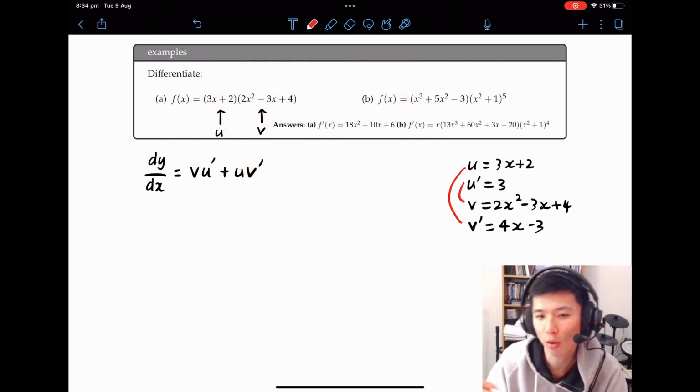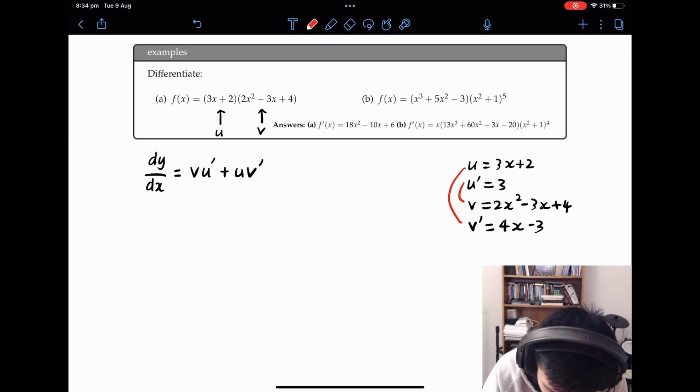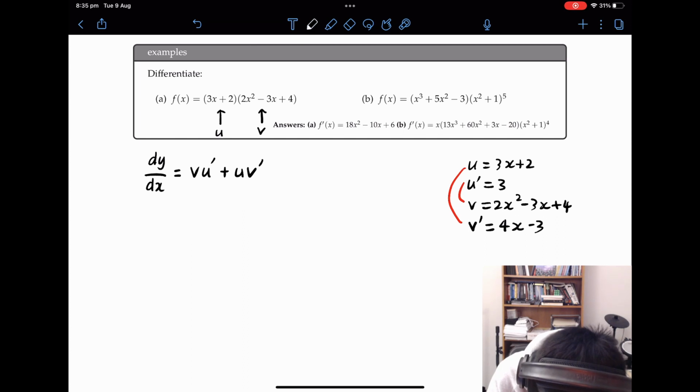I like to draw these little half circles to just remind me which pairs are being multiplied to each other. So the inner circle, U dash V, so V U dash, that's the first one.